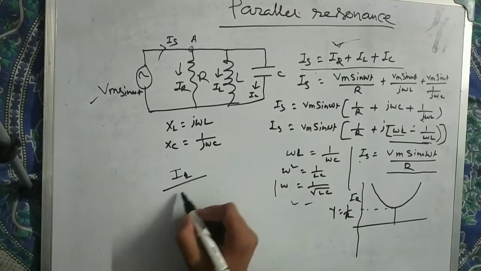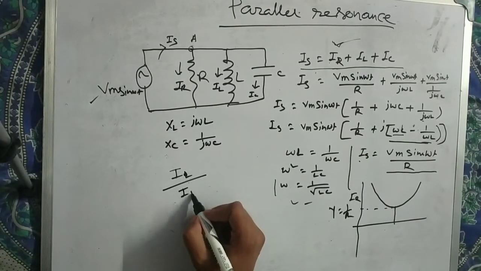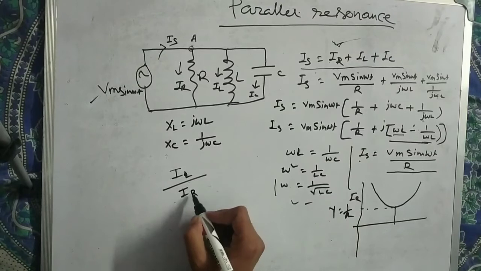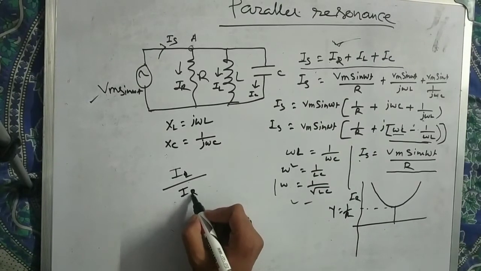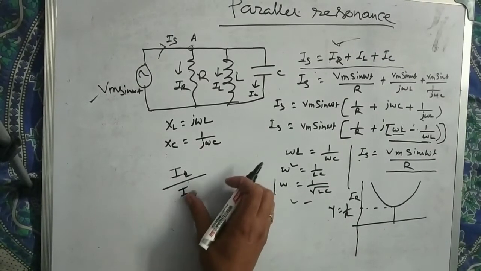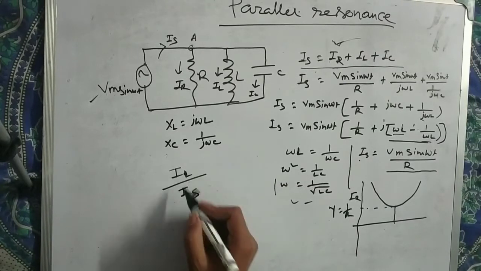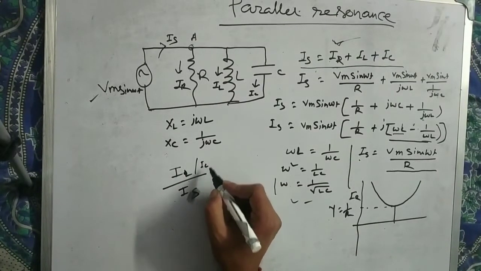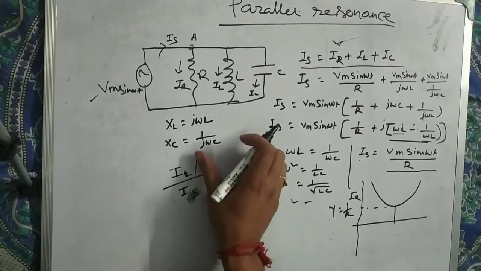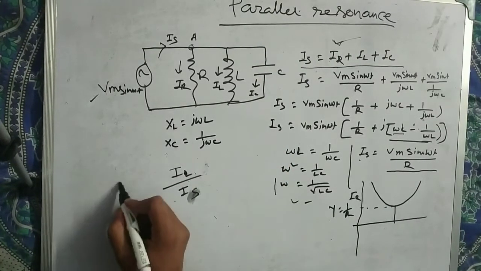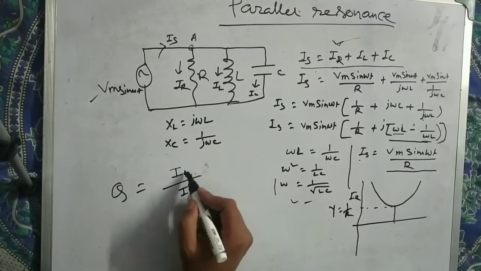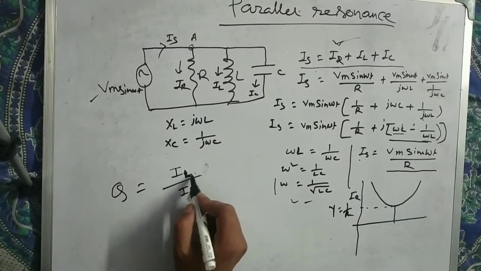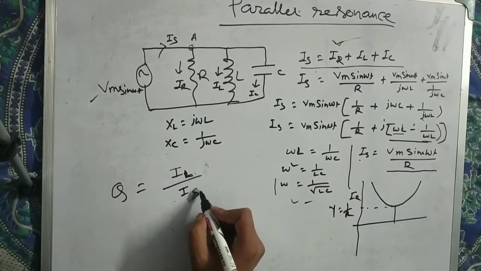IL by IR. At resonance condition, IR equals I0, we can write the source current as IR equal to the source current. We also derive it by the ratio of inductor current or capacitor current by source current. So we are deriving quality factor equal to inductor current by source current at resonance.